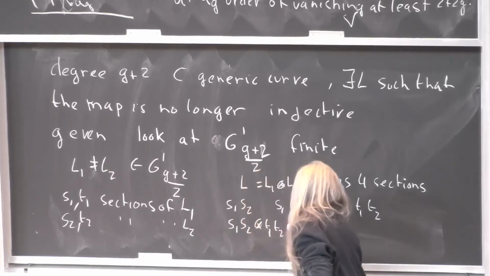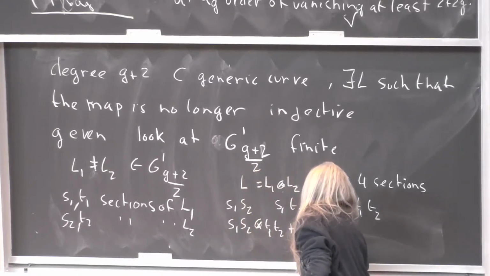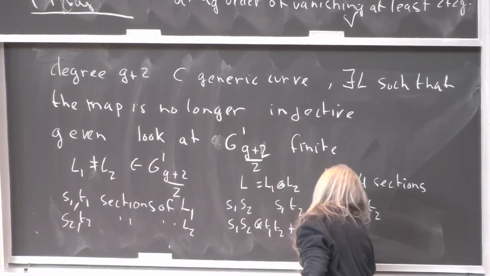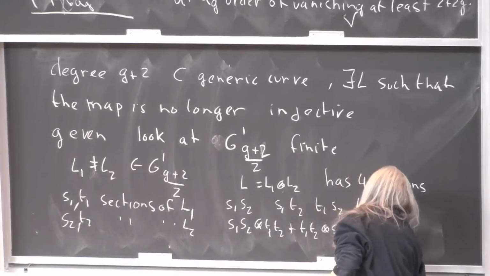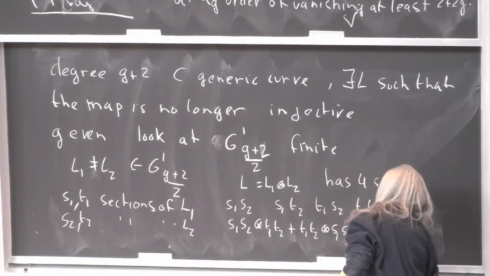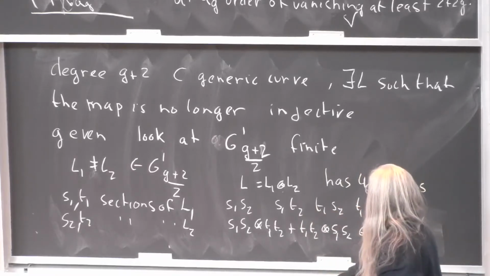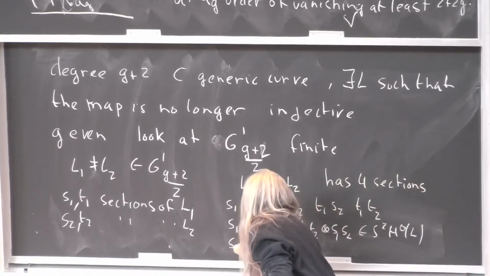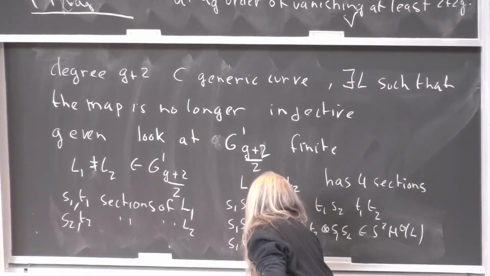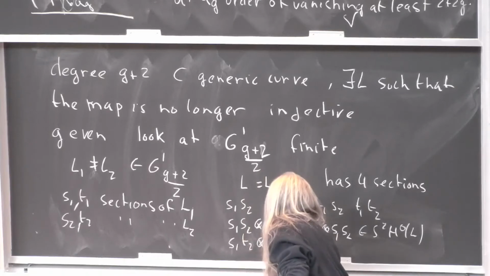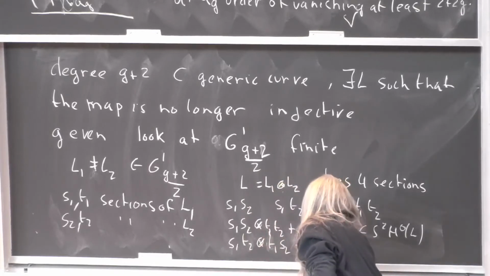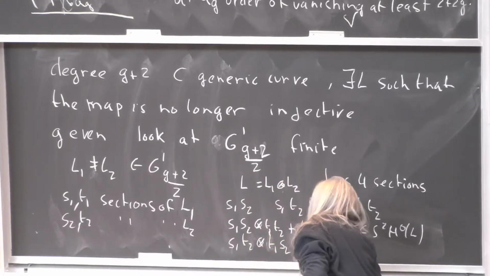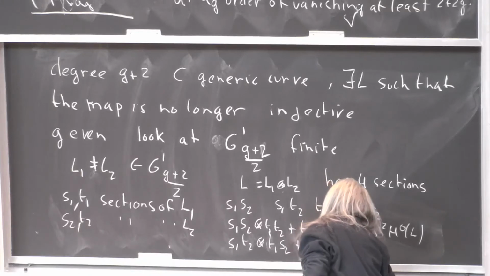That's not symmetric, but if I take this plus t1 t2 tensor s1 s2, that's in Sym^2 of H^0 of L. And I could also take s1 t2 tensor t1 s2 plus t1 s2 tensor s1 t2.